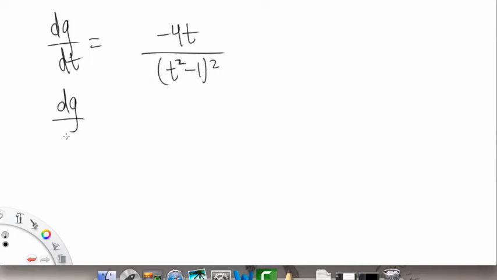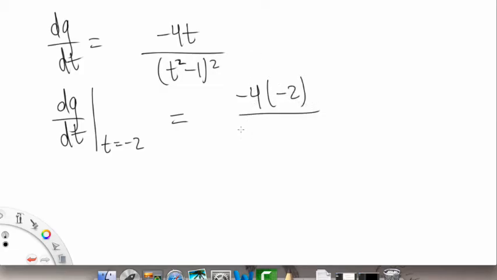So if we know that dg dt is equal to negative 4t over t squared minus 1 quantity squared, when we do dg dt evaluated at t equals -2, that's just going to be the same thing that we see here, except we're going to plug in that -2.